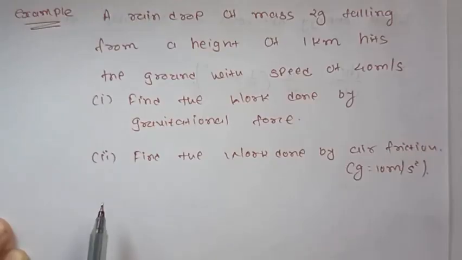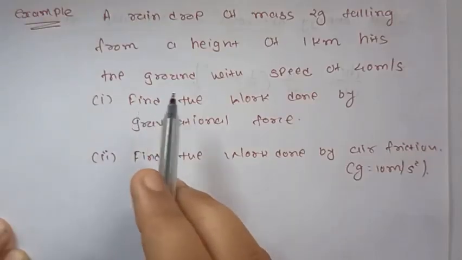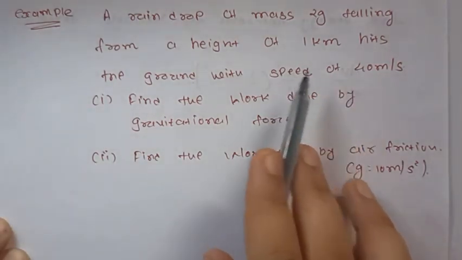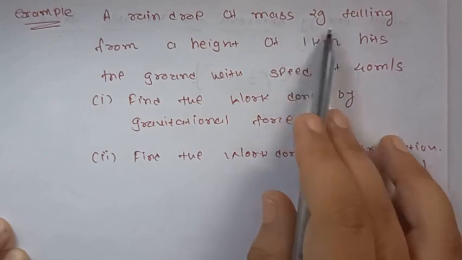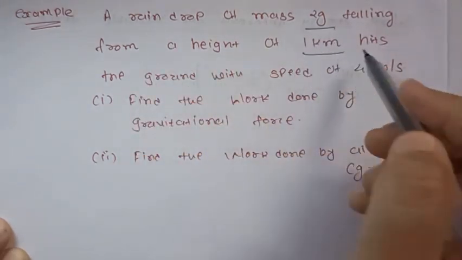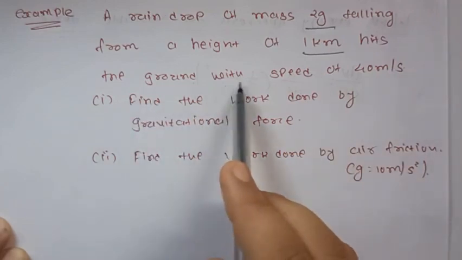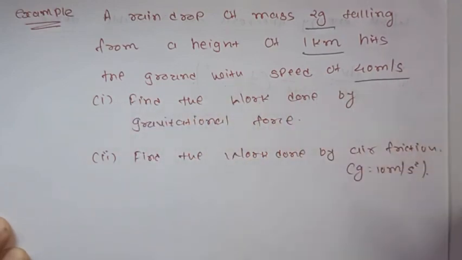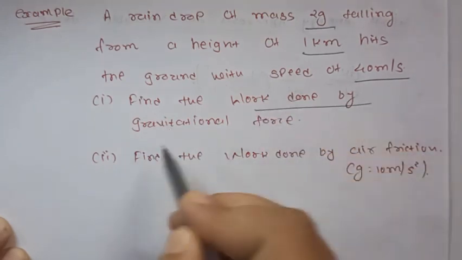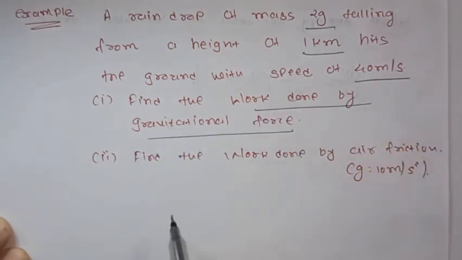In the example, it is given that a raindrop of mass 2 gram falling from a height of 1 kilometer hits the ground with a speed of 40 meters per second. We want to find the work done by gravitational force and the work done by the air friction, given g is equal to 10 meters per second square.